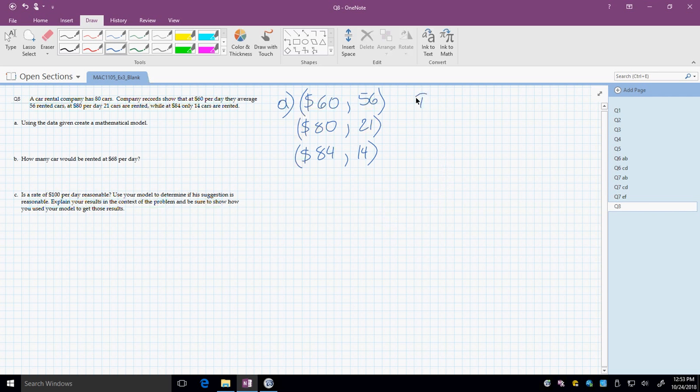We have to keep in mind that price is going to be independent, and the number of cars are going to be dependent.